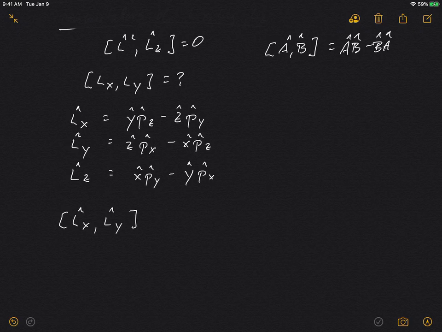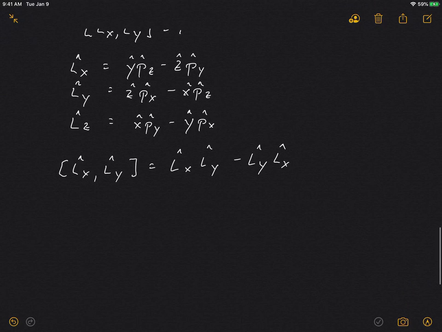So that's going to be, again, according to our definition of a commutator, Lx Ly minus Ly Lx. And so then we can plug in our expressions for Lx and Ly in terms of the x, y, z, and px, py, and pz operators.